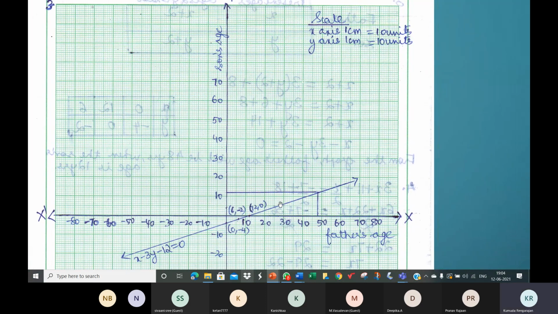So when the son is 12 years old, the corresponding value of x is 48. 48, 49, 50, 48.